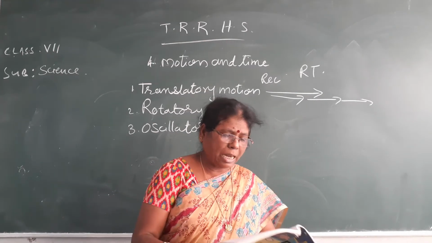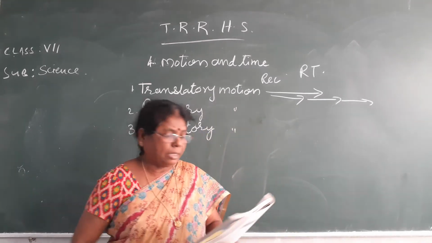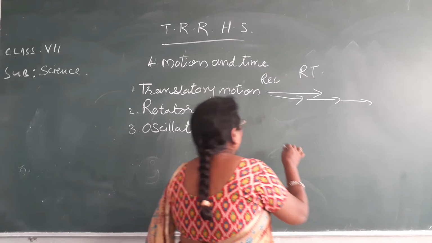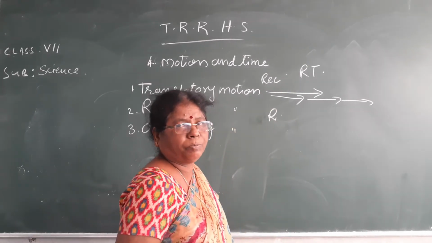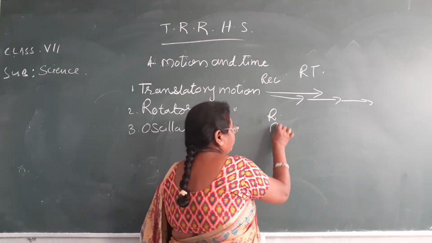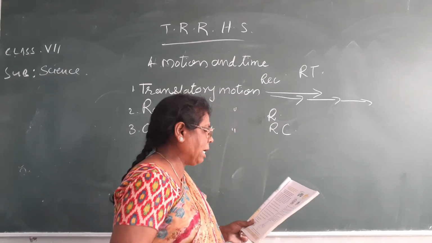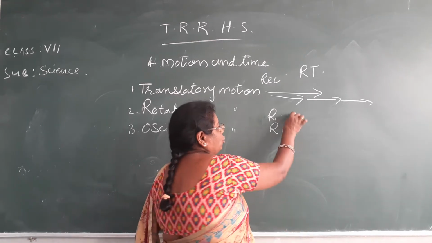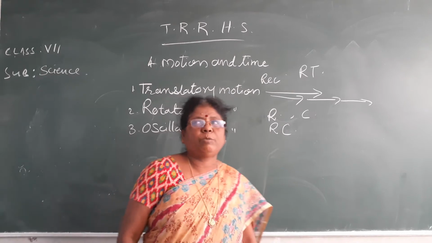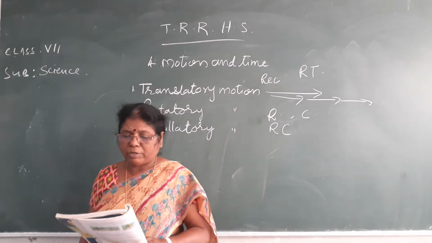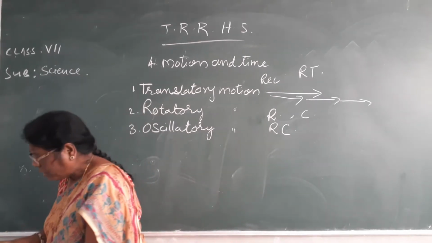So here the examples are given for you: rectilinear or curvilinear motion. R is for rectilinear motion, which moves along a straight line. Curvilinear motion moves along a curved path. R for rectilinear, C for curvilinear. Now we'll see some examples.